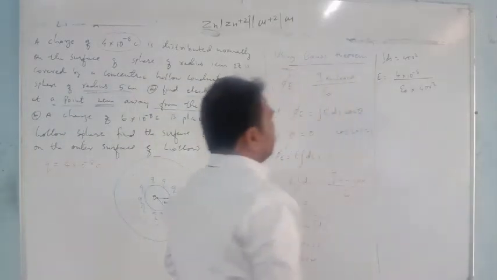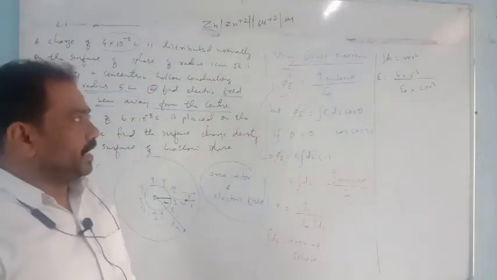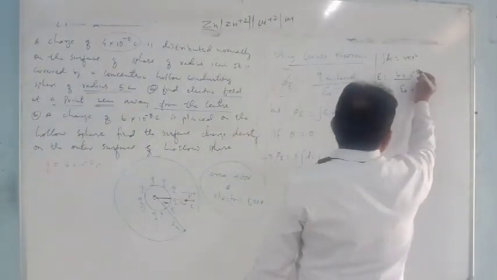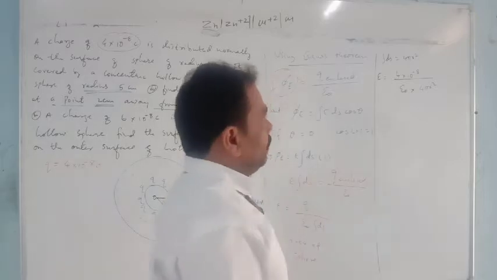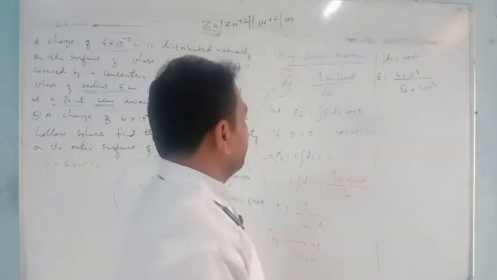So here E is equal to 4 into 10 to the power minus 8 divided by epsilon naught into 4 pi r square.